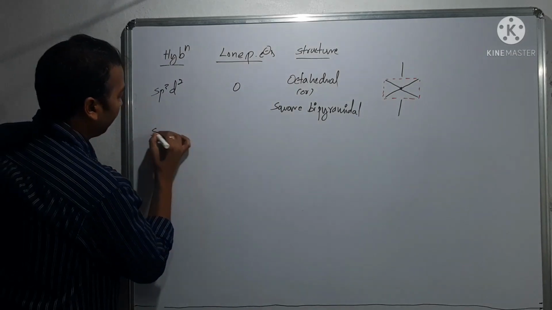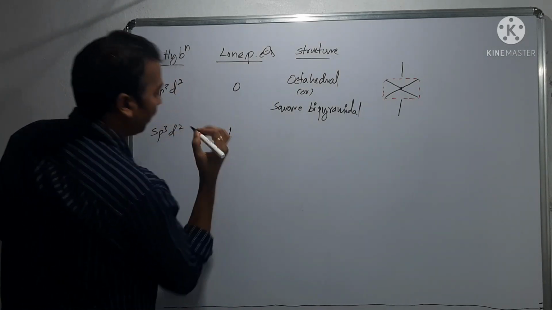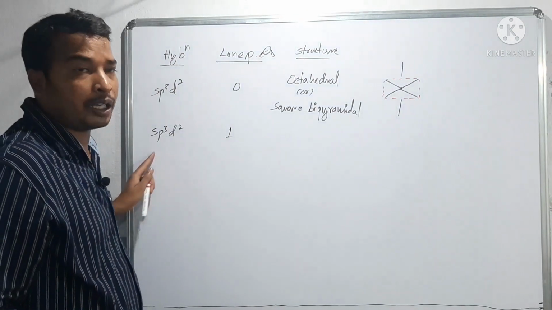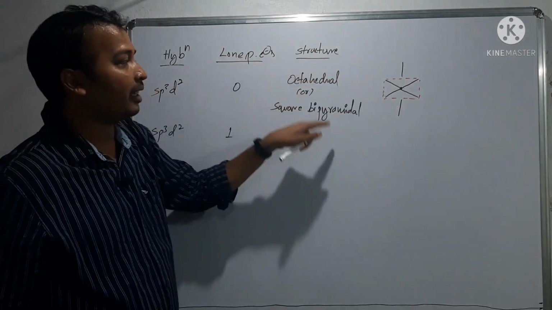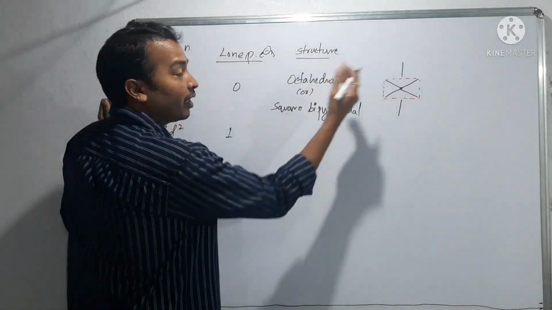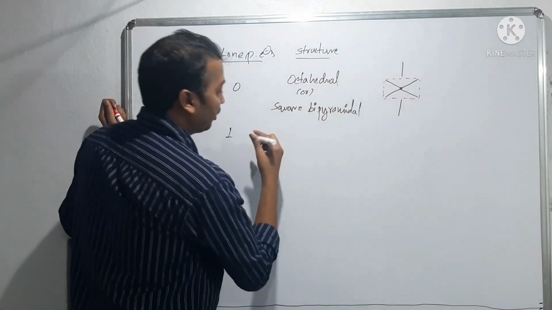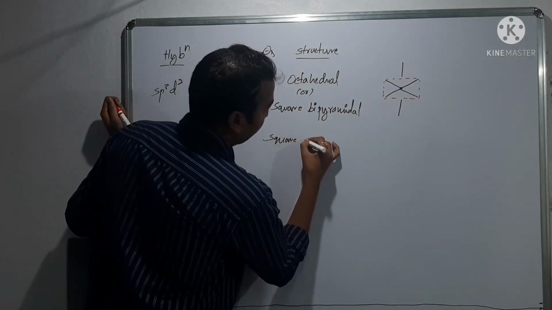And next one, if sp3d2 has one lone pair, then one of the pyramids is cancelled and there we will get the lone pair. So that's why the name of the structure changes to square pyramidal.